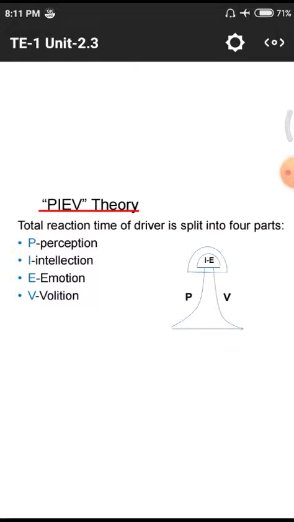Next one is volition, that means the application of the brakes or any decision to avoid accidents. All those things are discussed in this PIEV theory: perception, intellection, emotion, and volition. Those four characteristics will be observed in the driver's mechanism, its properties, and his brain set.